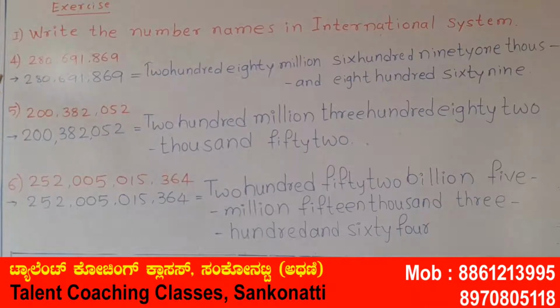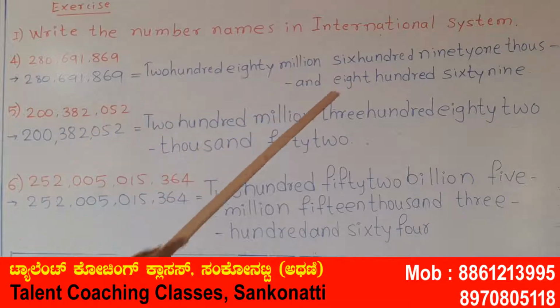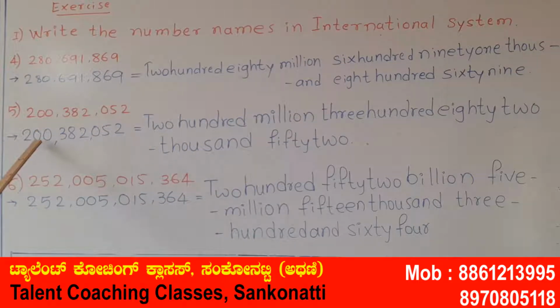Now the fourth one, 280,691,869. We'll separate by periods. This is the million group, thousand group, unit group. 280,691,869 is written here. This one is 200,382,052.